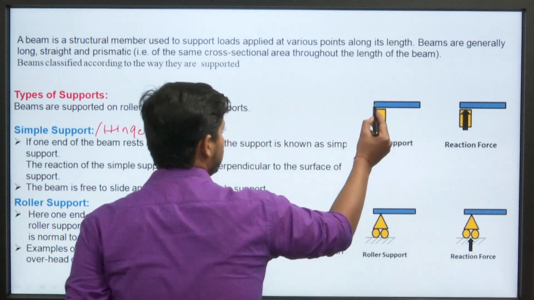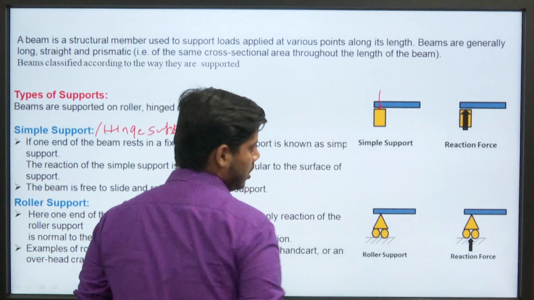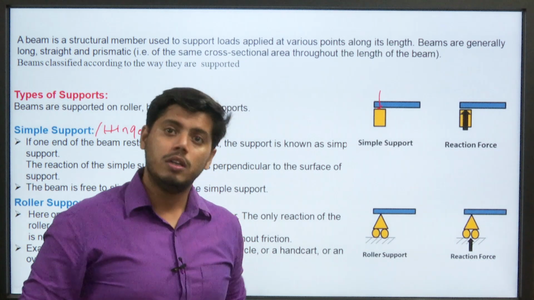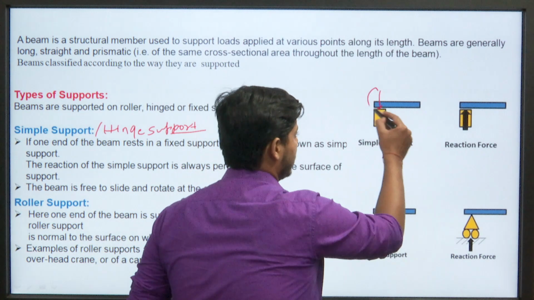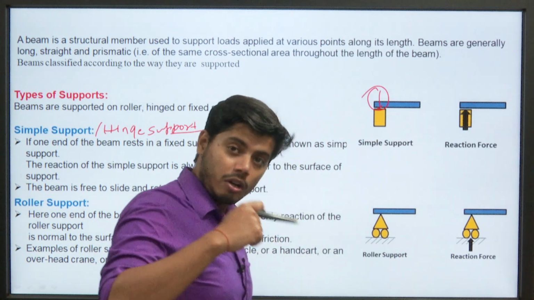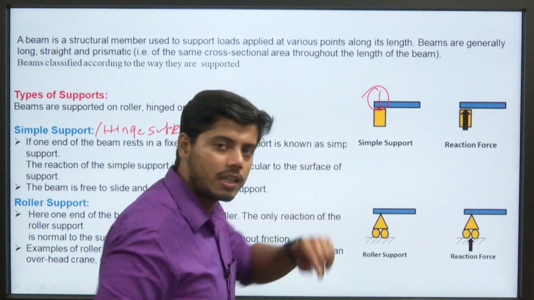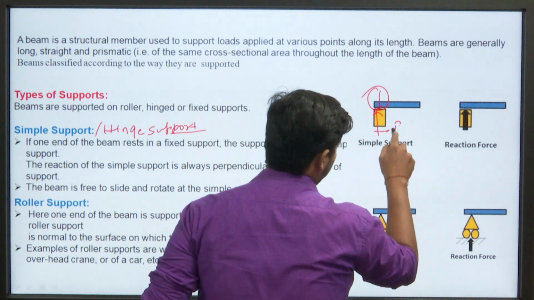So the beam is applying an action on this support, and according to Newton's third law, for this action there must be an equal and opposite reaction. Hence it is known as reaction.